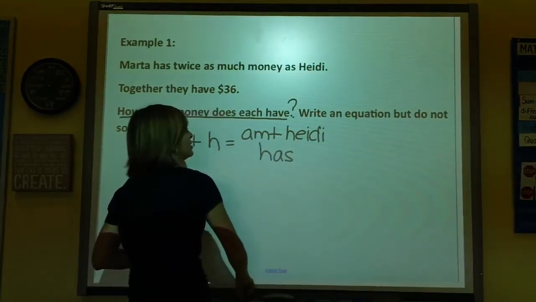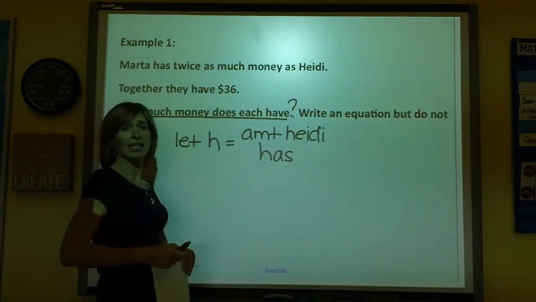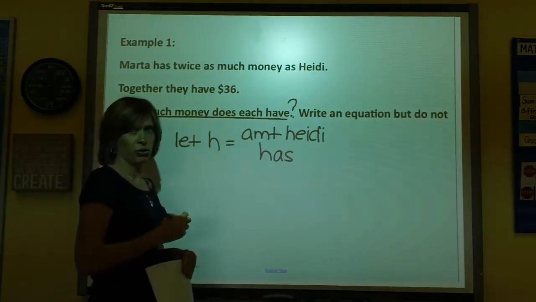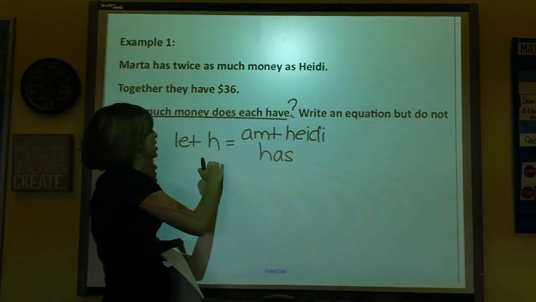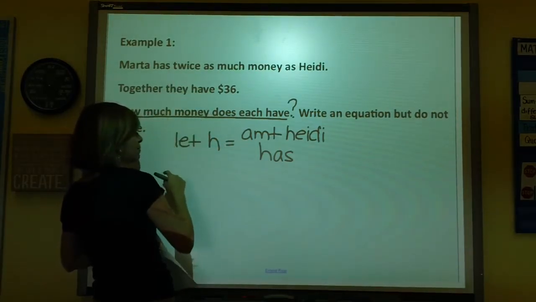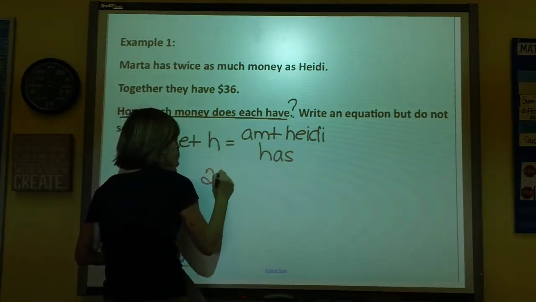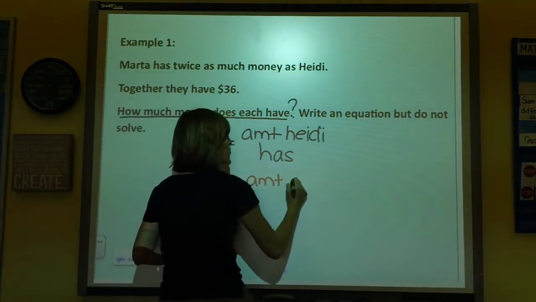Okay? Now, the other unknown is how much Marta has, isn't it? So I'm going to write a variable for Marta in terms of Heidi. Okay, so if Marta has twice as much as Heidi, then Marta would be 2H. And that would be the amount Marta has.